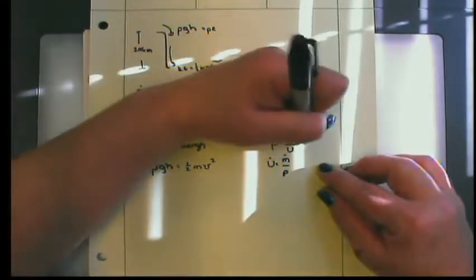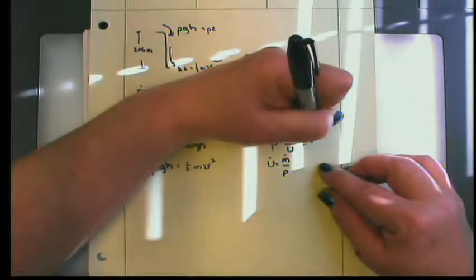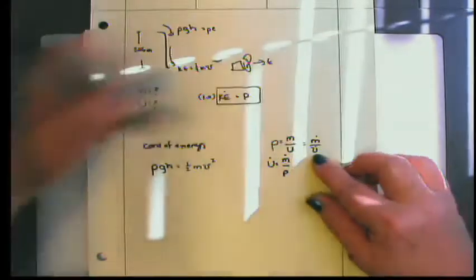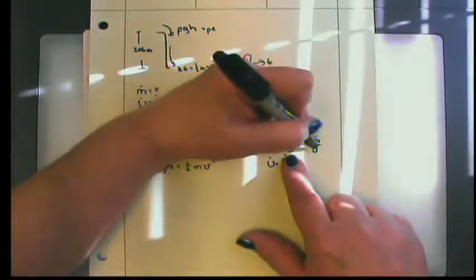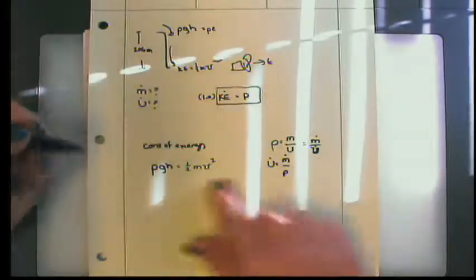So I'm just going to write this as rho is equal to m dot over v dot. And when I say that, we're talking about volumetric flow rate. I need to be careful with that.